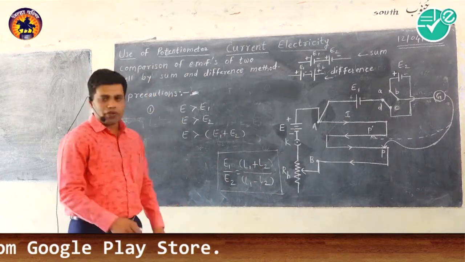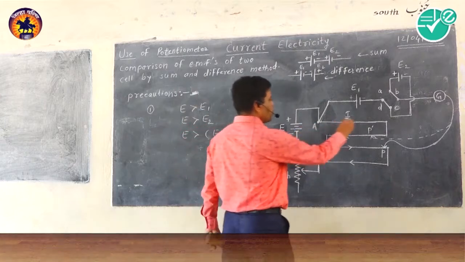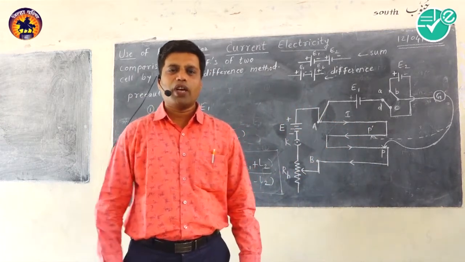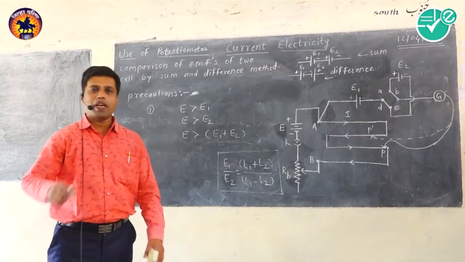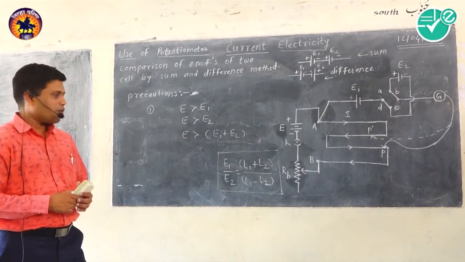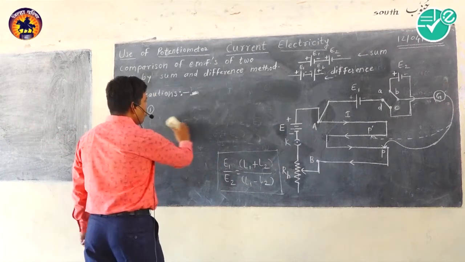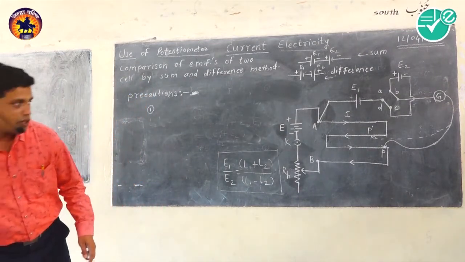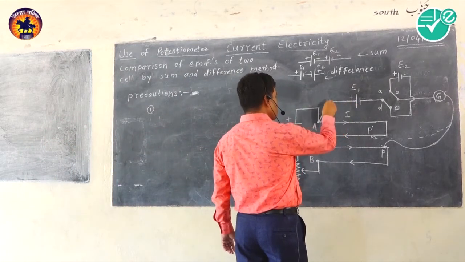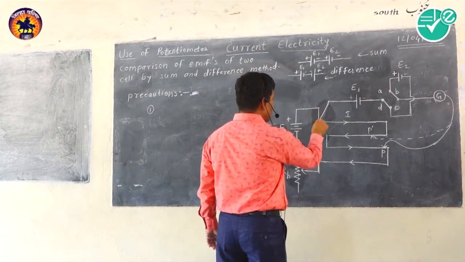The second precaution that we have to take here is that the potentiometer wire AB must be uniform. If it is not uniform, then some error will occur in the measurement of comparison of EMFs of two cells. And the third precaution is that the cell E1 must be connected at point A, where the positive terminal of the battery is connected.